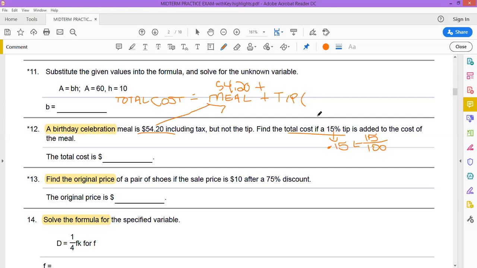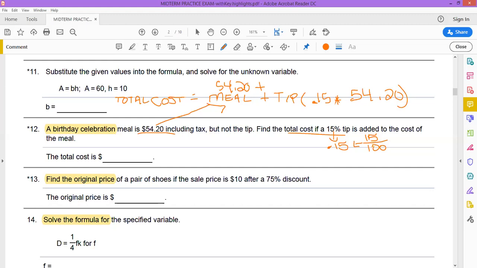So I'm going to take that decimal, the 0.15, and multiply it by the price of the meal. So that's 0.15 times the $54.20, the price of the meal. And this would give us the tip that we have to pay.